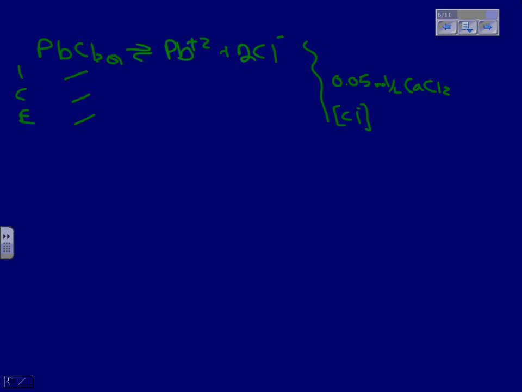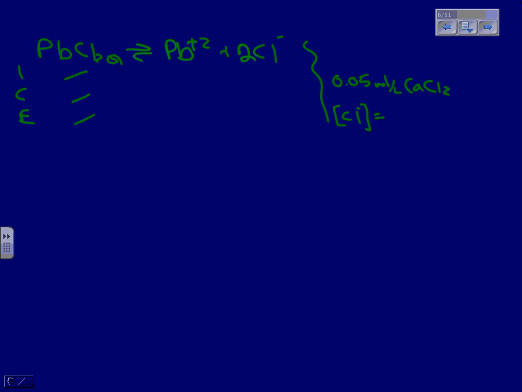Cl minus. Well, what do I need to do with that number for the calcium chloride to get me the chloride? This isn't earth-shattering in any way, yeah? And how many chlorides are in each calcium chloride? So I need to double that number.